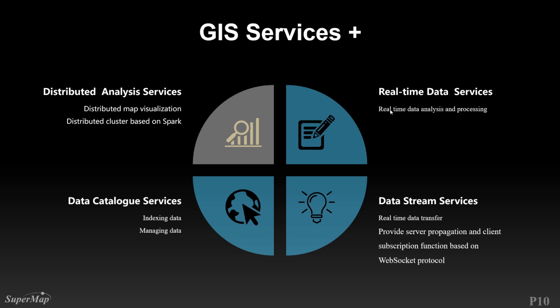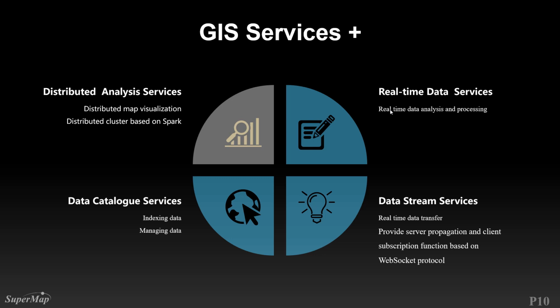SuperMap iServer also provides the real-time data service for analysis and processing of real-time data in CSV, JSON, and other formats. Currently supported data access protocols include WebSocket protocol, HTTP protocol, TCP protocol, and Kafka communication protocol.